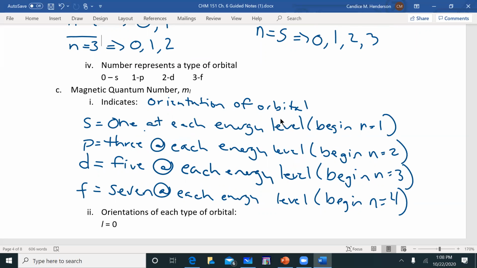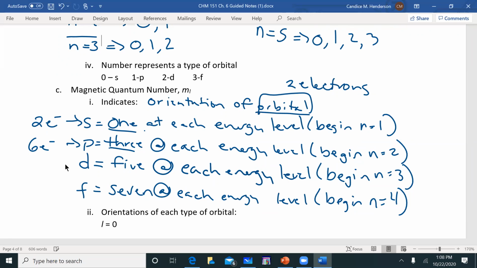Now, every single orbital can hold 2 electrons. So if S has only one orientation and each orientation holds 2 electrons, this can hold a total of 2 electrons. What about the P? It has 3 different orientations. Each orientation can hold 2 electrons, so this holds a total of 6 electrons.